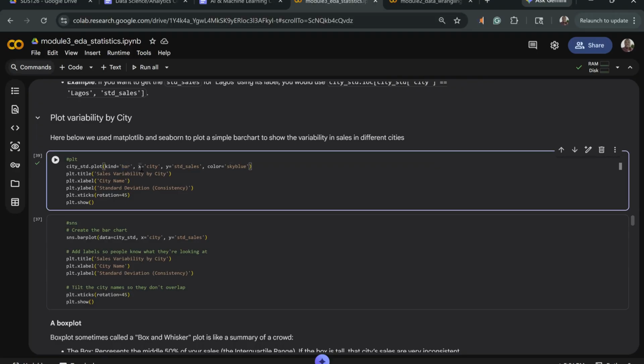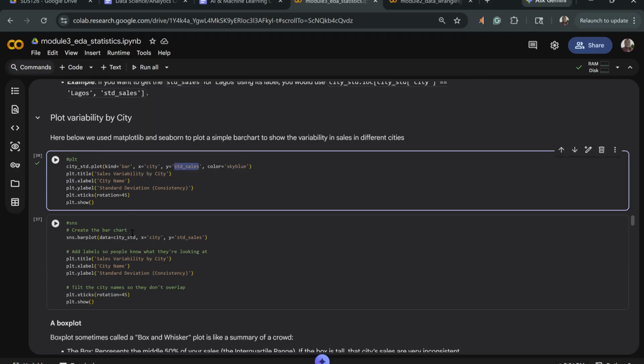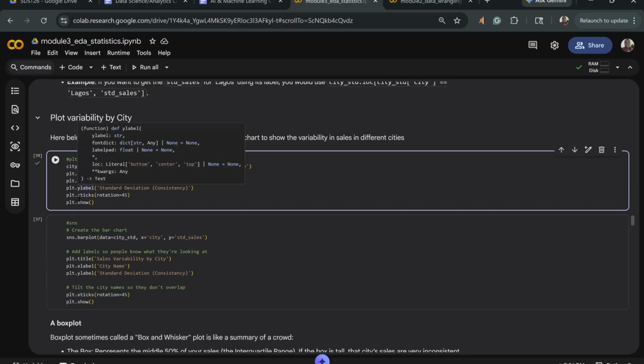On the x-axis is city, on the y-axis is standard sales, in sky blue. The title goes on top of the chart, the label on the X axis is city name, while the label on the Y is this.